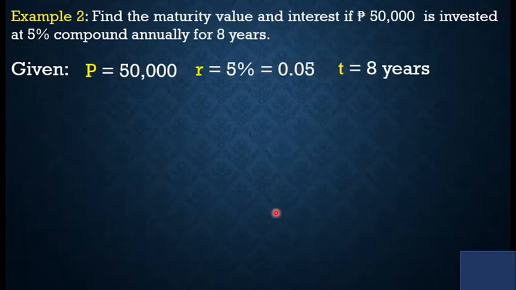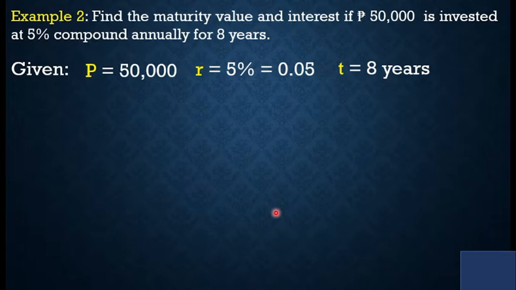Next, find the maturity value and the interest if 50,000 pesos is invested at 5% compounded annually for 8 years. Okay, so given, students, 50,000, rate 5% or 0.05, then the time equals 8 years.